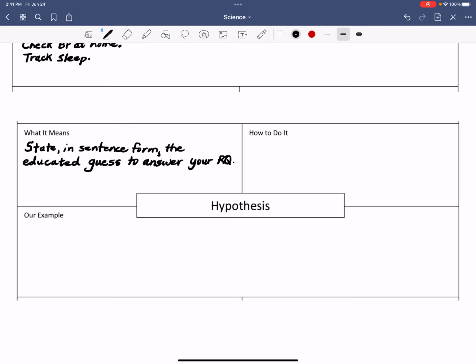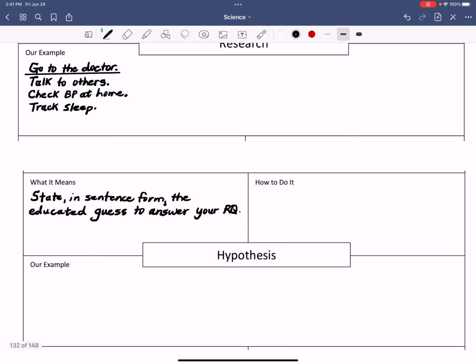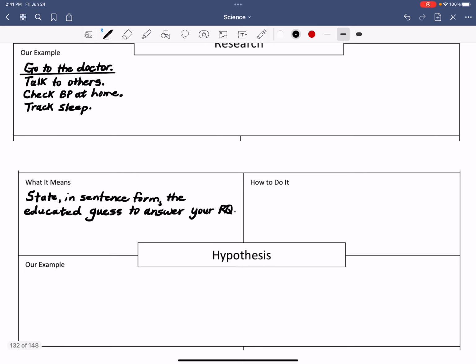So in Sam's situation, he's going to go to the doctor, and he and the doctor are going to come up with a hypothesis. In the way you make a hypothesis, you consider all your research, and this is important that you consider all of it. You need to make sure that you consider all sides, not just the side that supports your hypothesis.